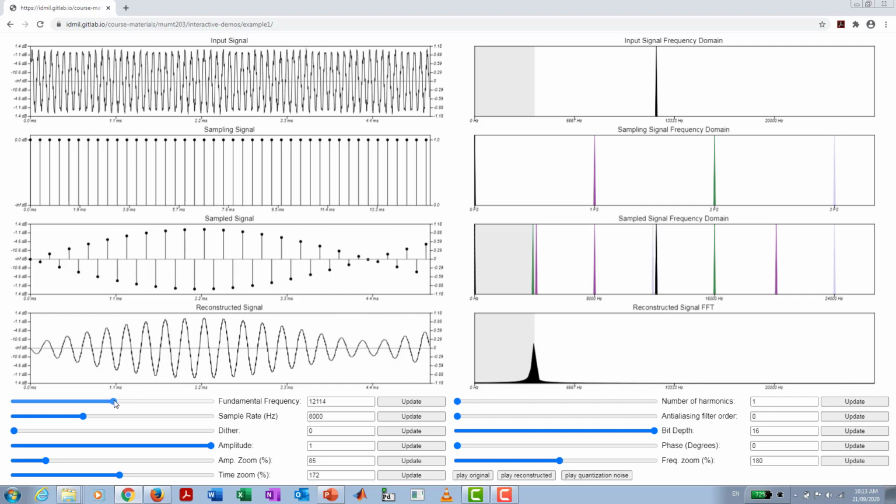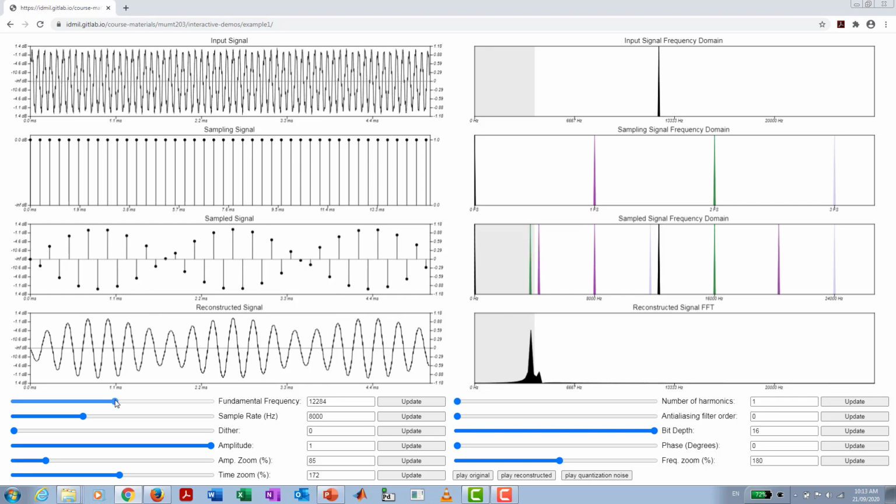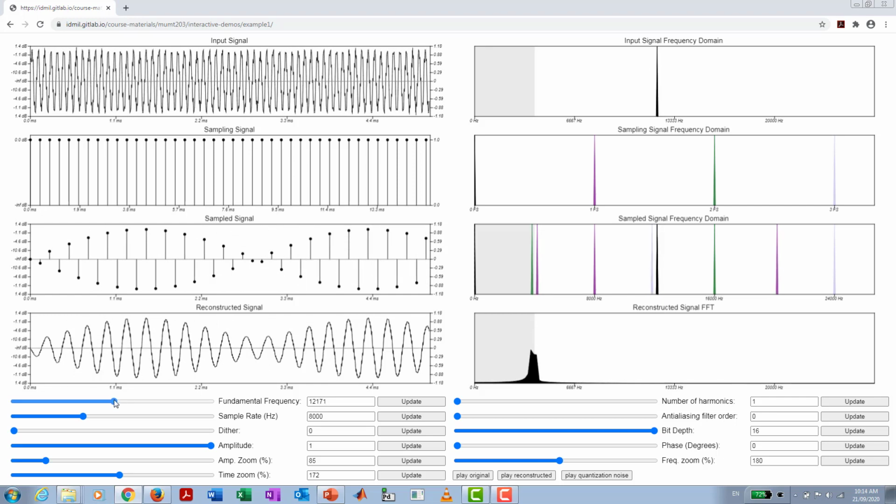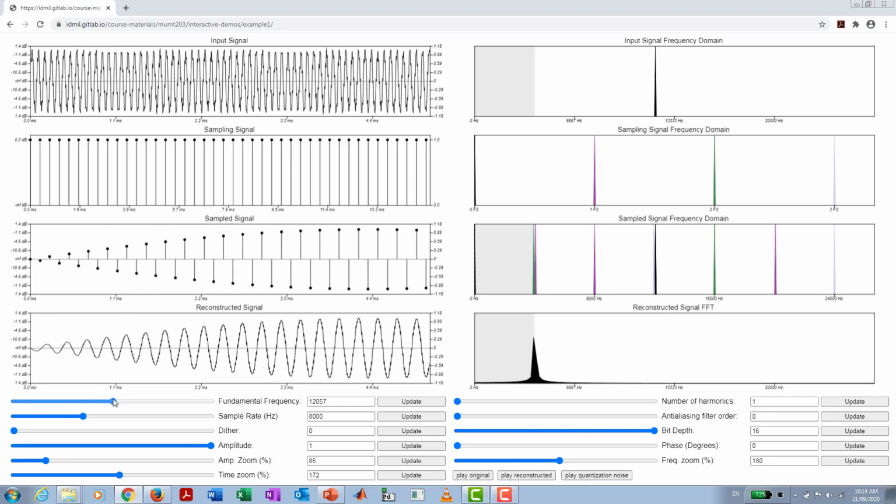Basically, this alias is leaving the region of interest here, and there is a new alias, the alias of this one here, 2fs minus my original signal. So here is 16,000, right? 2 times 8,000 minus 12,000. It's actually 12,000.